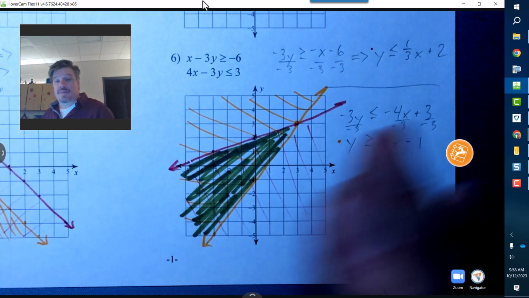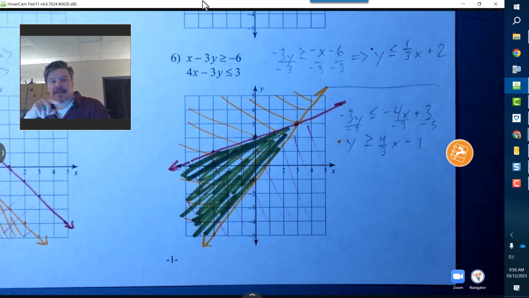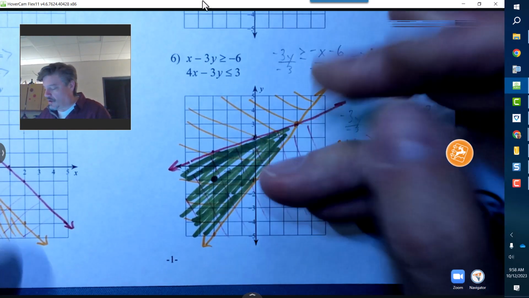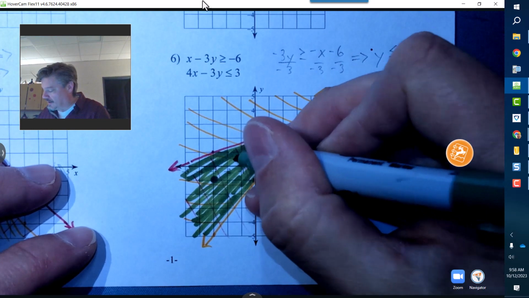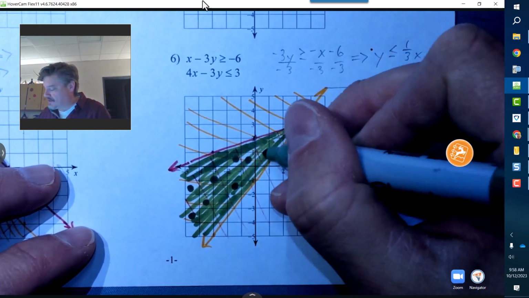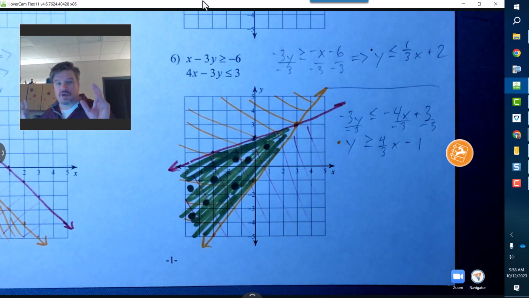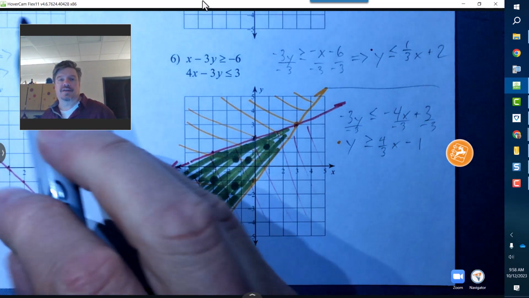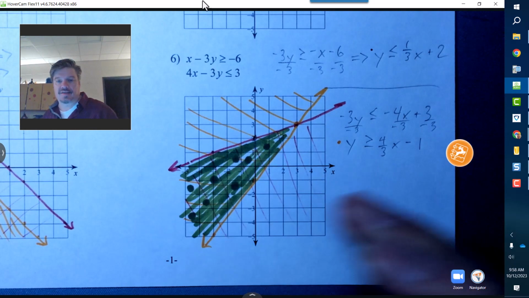Now again, what that region represents is the coordinates that will work for both situations, both constraints, both equations, whatever you would like to call them. So all of these points are, quote unquote, solutions. It's this entire field, including all the decimals and fractions. These are all solutions to this particular system.